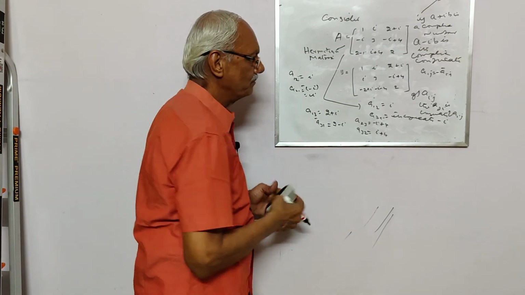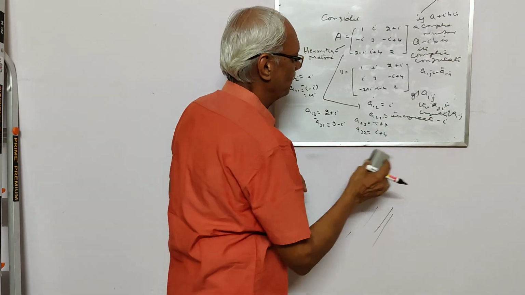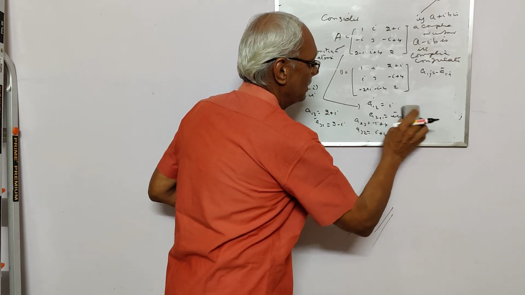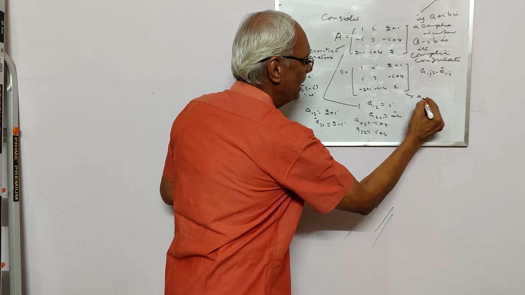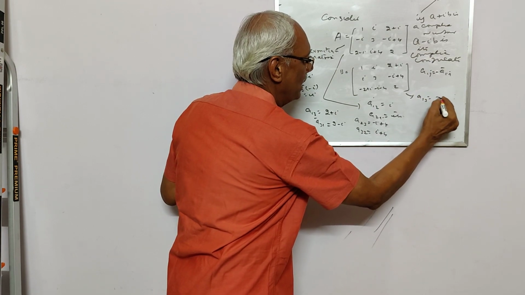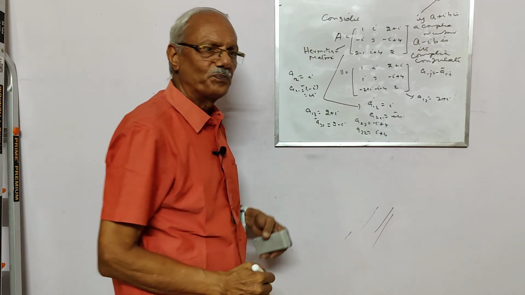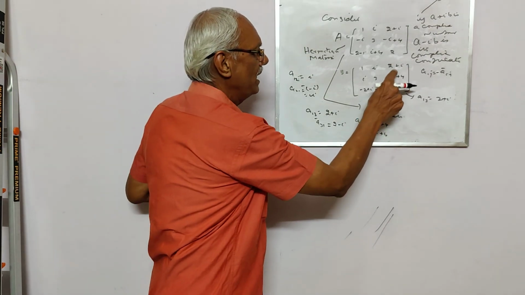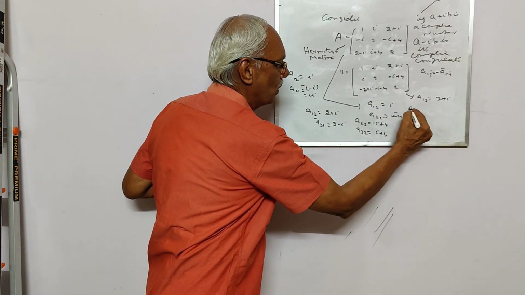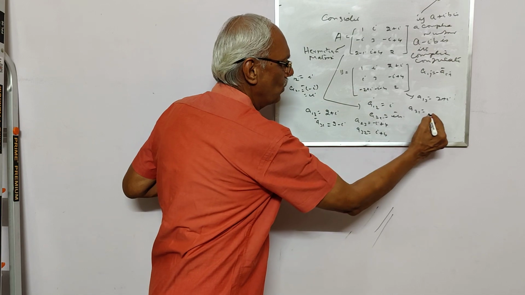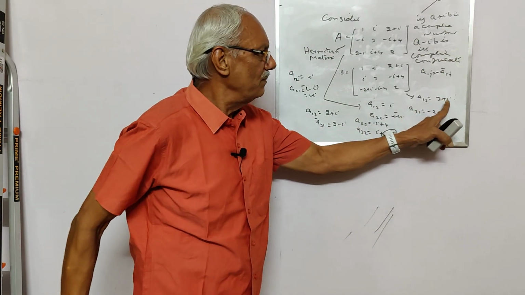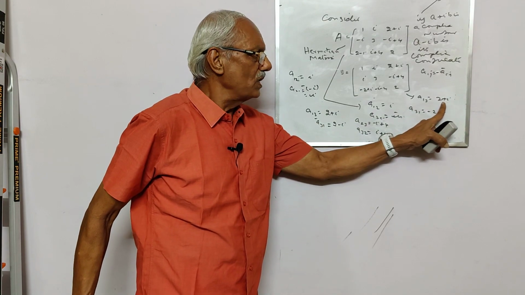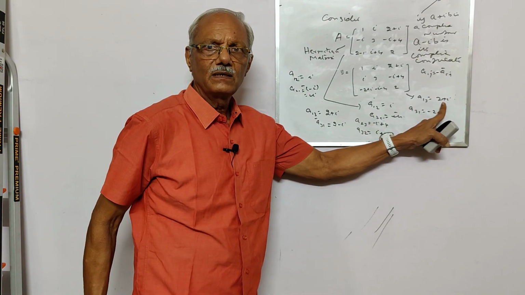Another one I'll tell you. For this, now what is your A13? A13 is equal to 2 plus I. Now let me come to A31. A31 is minus 2 plus I. Now what I mean is, what is the conjugate of 2 plus I?